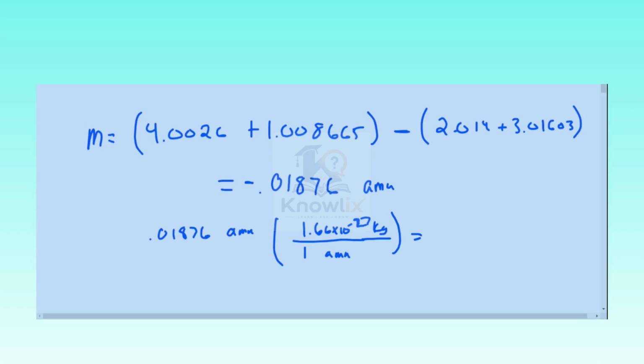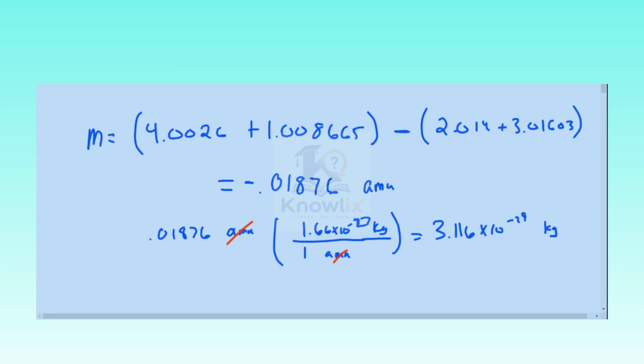You can see the atomic mass units cancel out, and the final mass is 3.116 times 10 to the negative 29th kilograms.